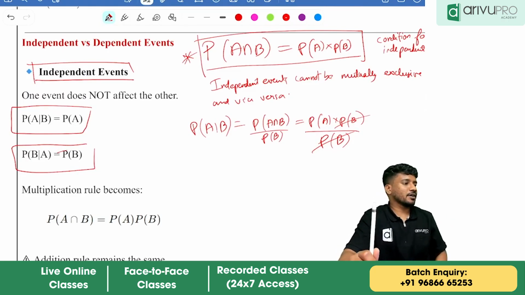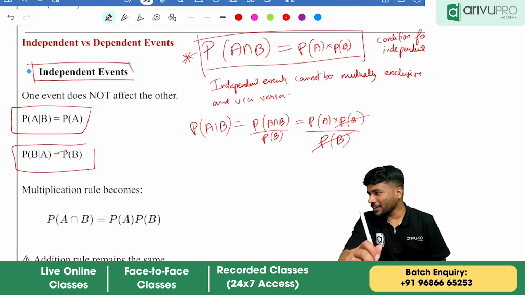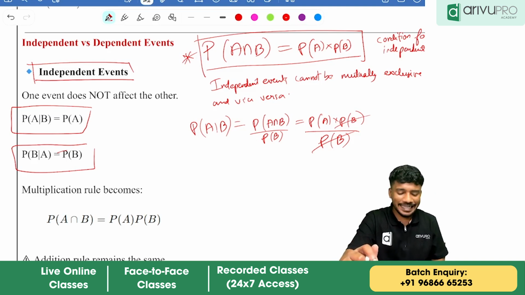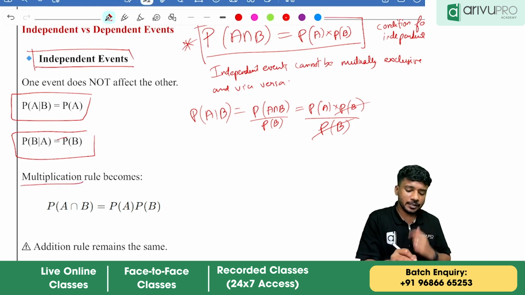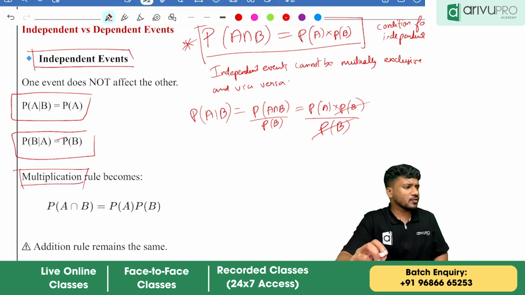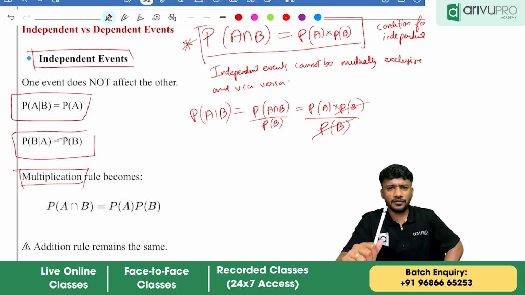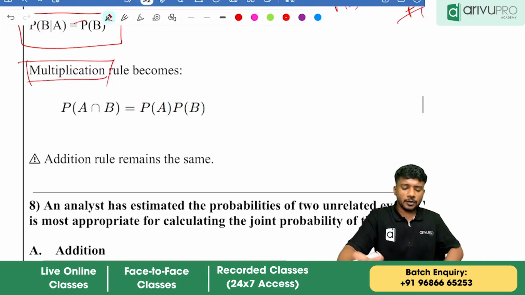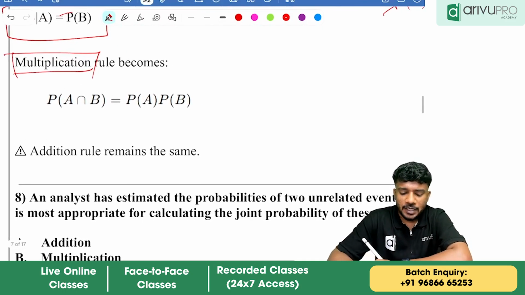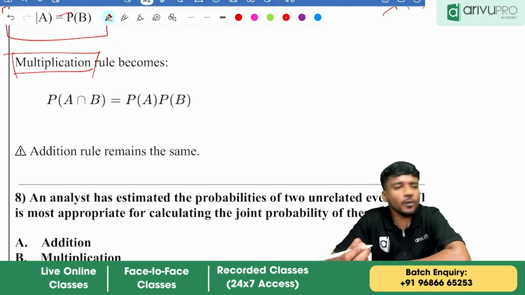You can remember it using this. So basically, P of A intersection B is equal to P of A into P of B in an independent event. So it is also called the multiplication rule. Then which was the addition rule? Addition rule was P of A union B is equal to P of A plus P of B minus P of A intersection B. Now, for independent event, how will the addition rule look?